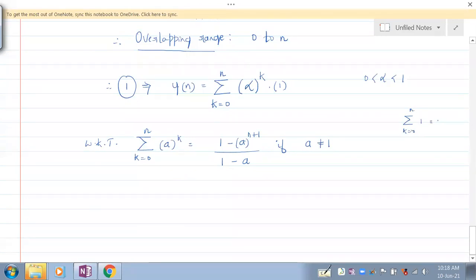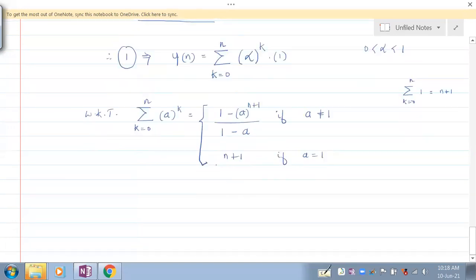How many ones are there, and how many times are we adding it? Not n times, n plus 1 times. It's starting at 0, you should not forget that every time. Starting at 0 and ends at n, so there are n plus 1 ones. If you add n plus 1 ones, you get n plus 1. So it is n plus 1 if a is equal to 1. If a is not equal to 1, it is the earlier formula.